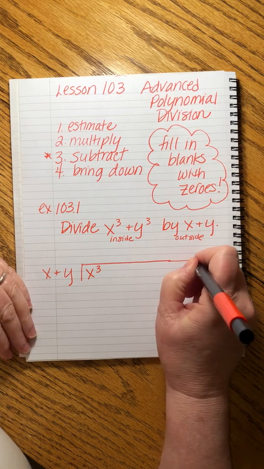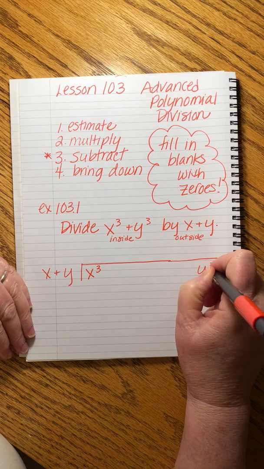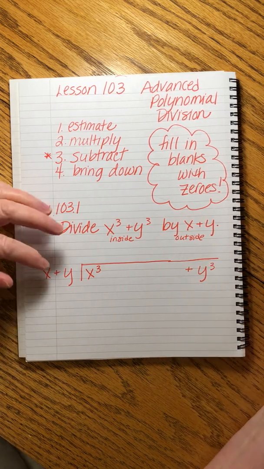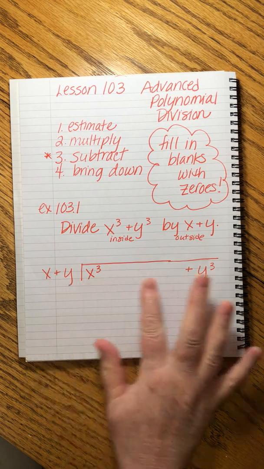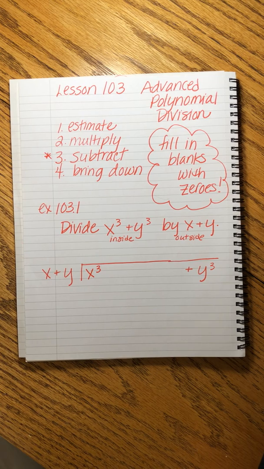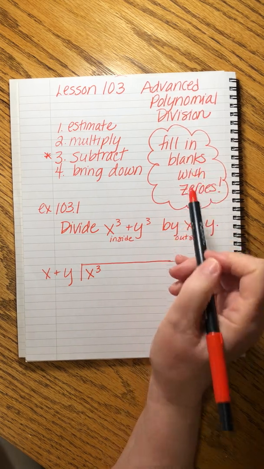That seems kind of weird to me. I'm not sure exactly what to expect. So I'm just going to put the y cubed way down here. I'll put a plus sign in front of it. And now we can fill in as we go with whatever we happen to need. In the past, it was easier to predict what we would need. But this time, we're just going to leave a big chunk of space there, and we'll fill in the blanks with zeros as we go.